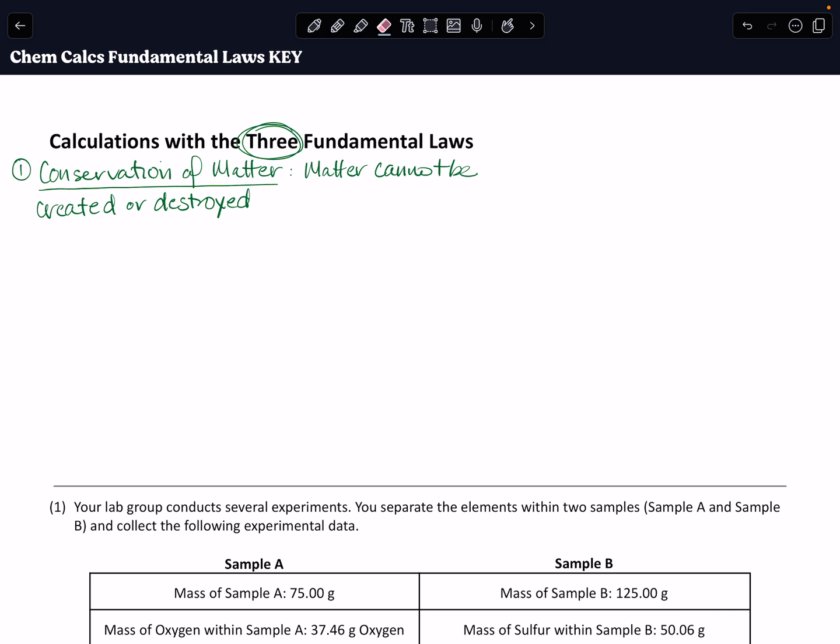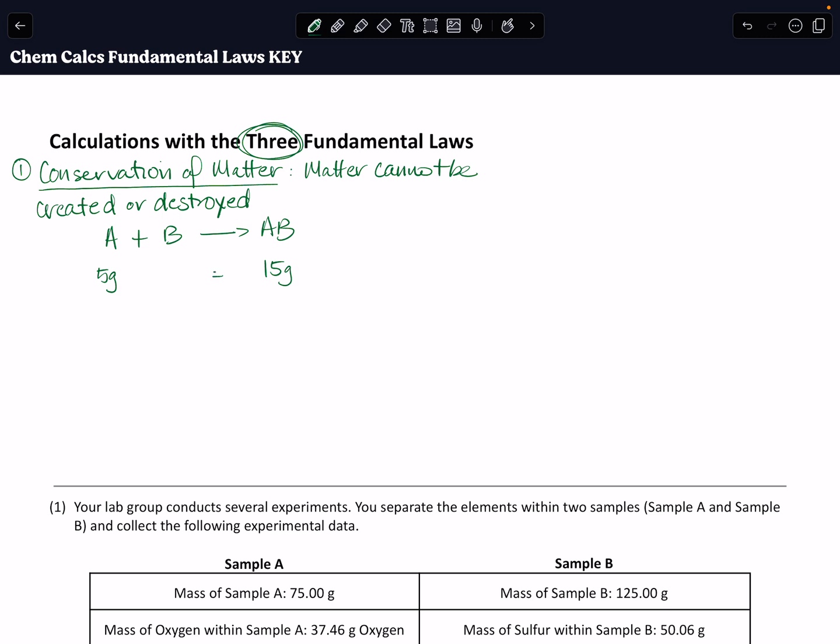All right, so if we think about it in terms of a simple reaction, let's just say A plus B forms the compound AB. And let's say I was running the reaction and I knew that I started with 5 grams of A and I made 15 grams of the product. Well, the law of conservation of matter lets me equate the two sides of my reaction.